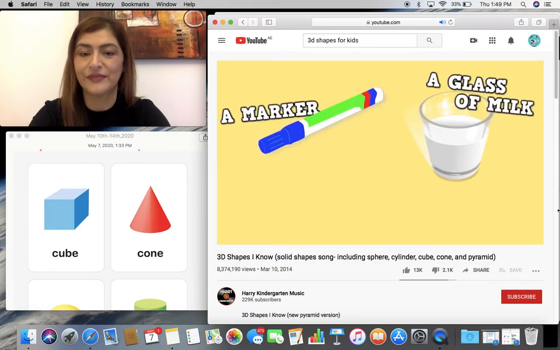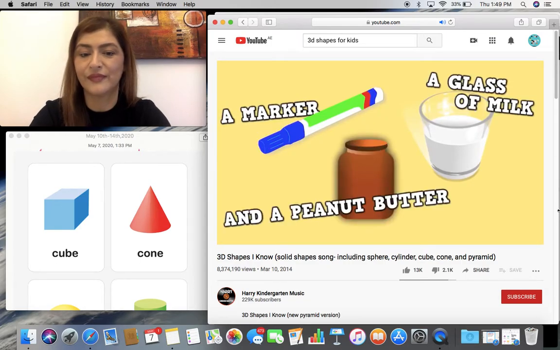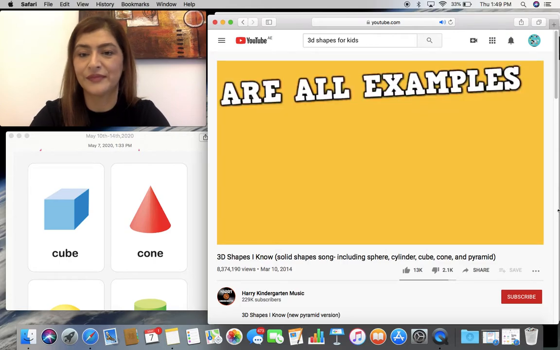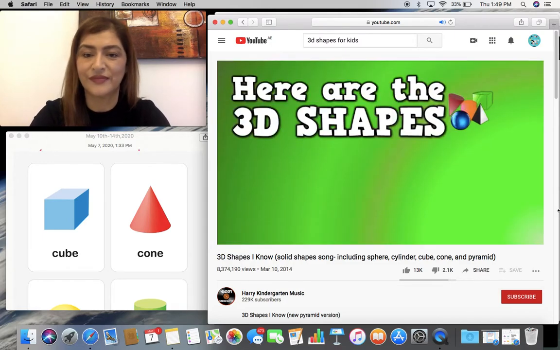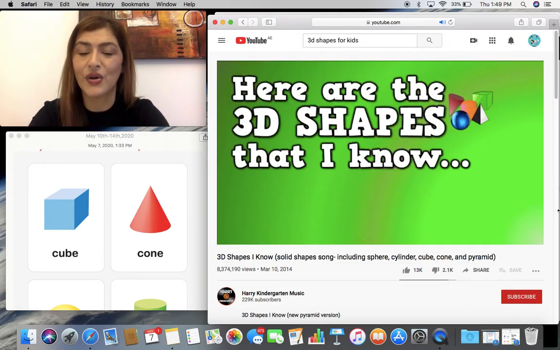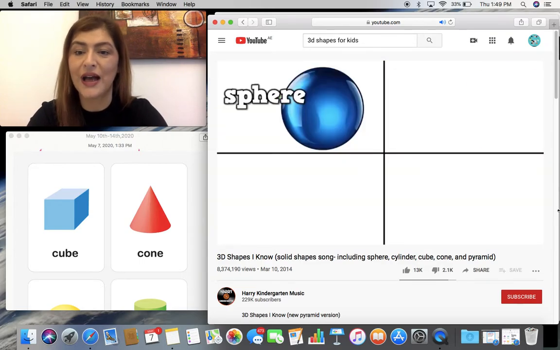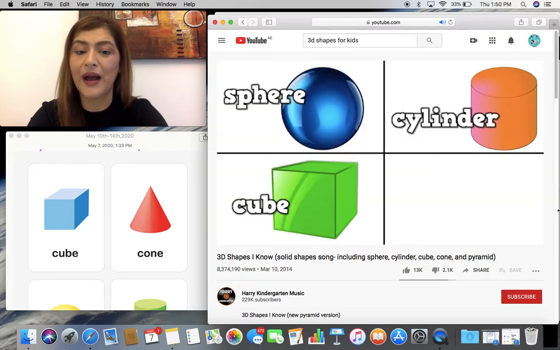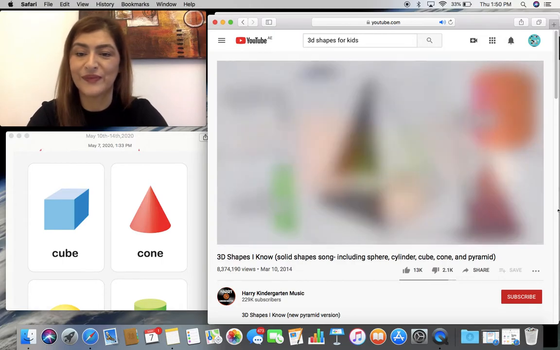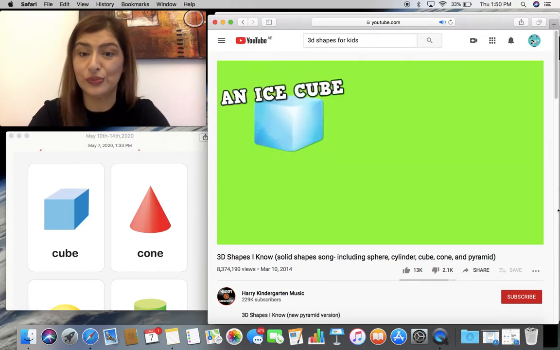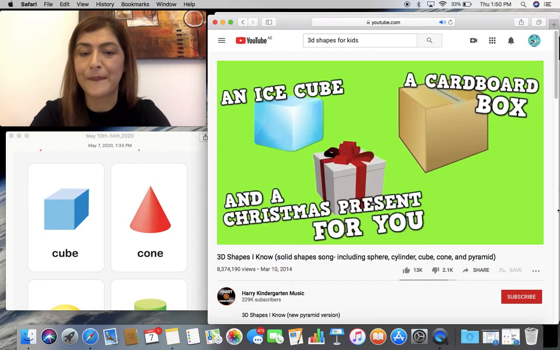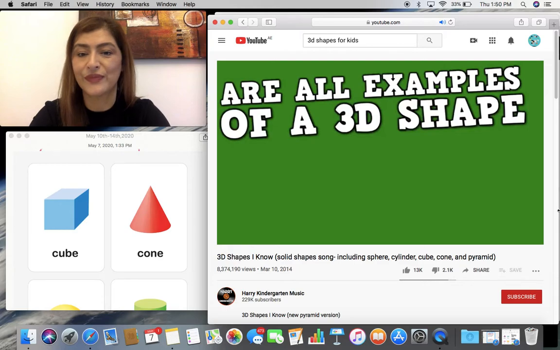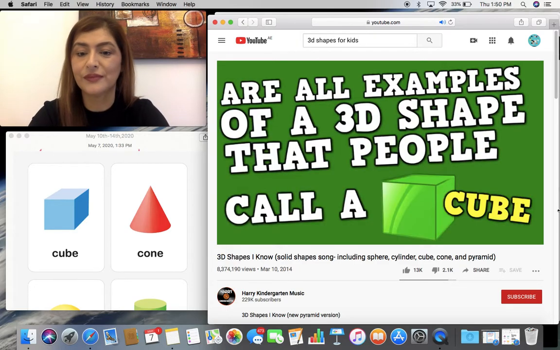A marker, a glass of milk, and a peanut butter jar are all examples of a cylinder. Now, a cube. An ice cube, a cardboard box, and a Christmas present for you are all examples of a 3D shape that people call a cube.